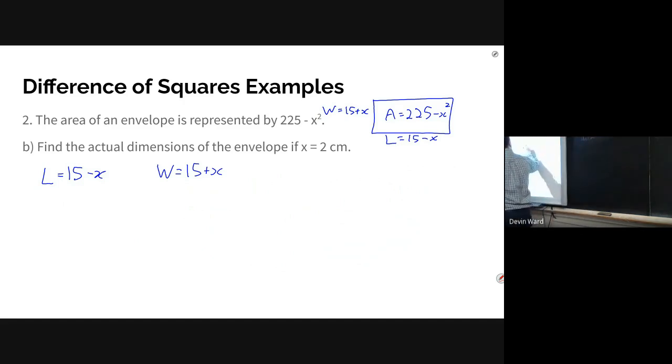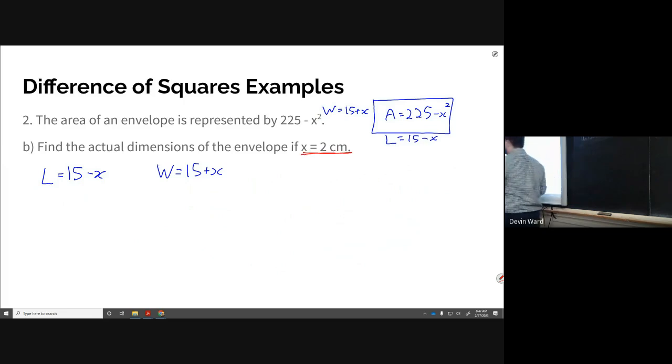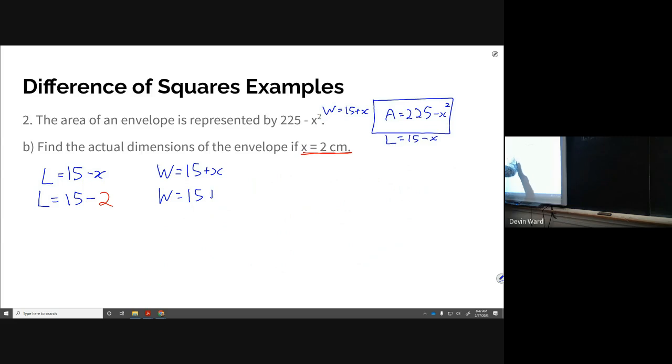Now I'm saying that x equals 2 centimeters. So I'll rewrite length equals 15 minus, but instead of minus x, it's going to be minus 2, because x equals 2. Width equals 15 plus, and instead of x, I can write 2. That 2 goes there, and that 2 goes there.